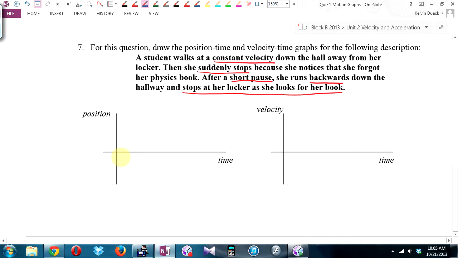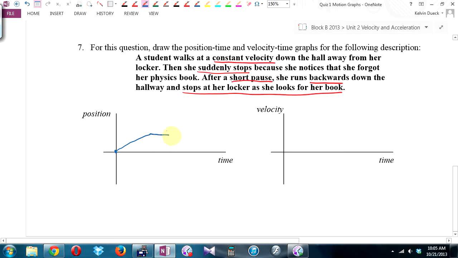Start. A student walks down at a constant velocity. I would look for a line, not a horizontal line. I would look for a line going upwards, but a straight line, not a curve. Okay? If you see that, you'll be okay. I'll break down the marks in just a second. She suddenly stops.